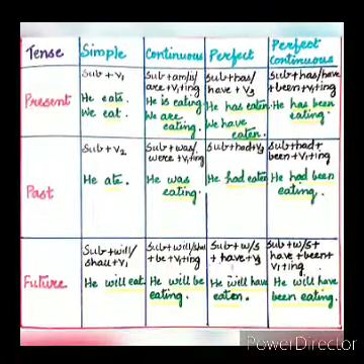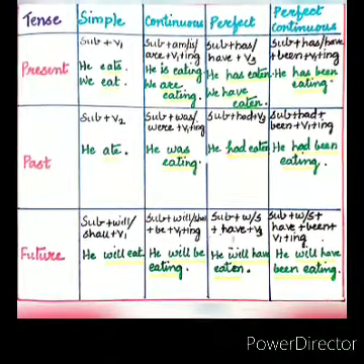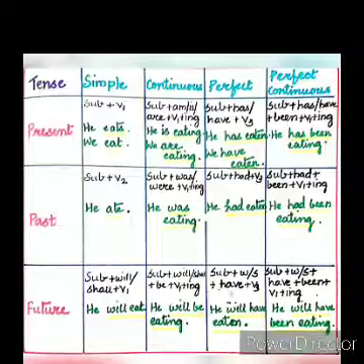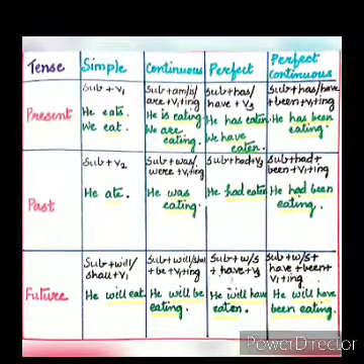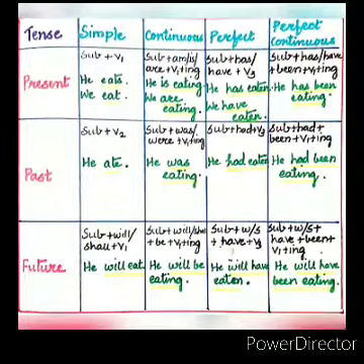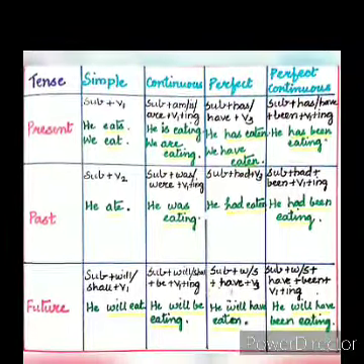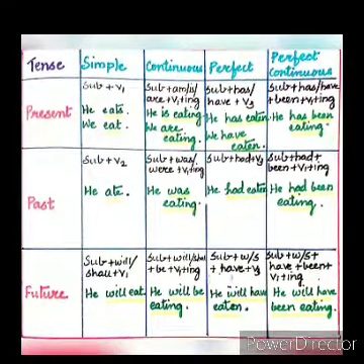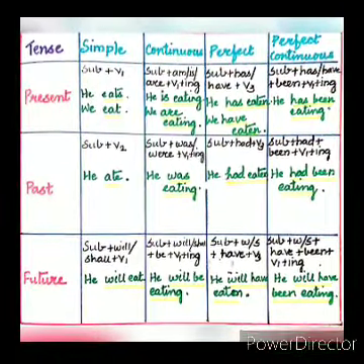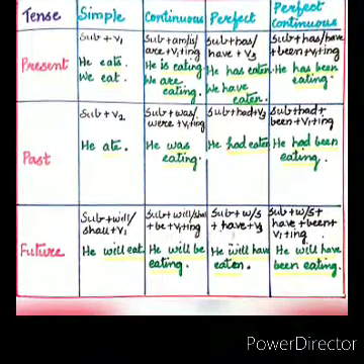In this, subject plus verb 1 is used. Then comes present continuous tense, subject plus am or is or are plus verb 1 plus ing. Am is used with the pronoun I, is used with singular subject, and are is used with plural subject.